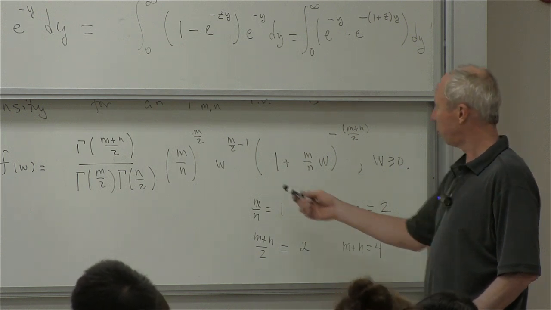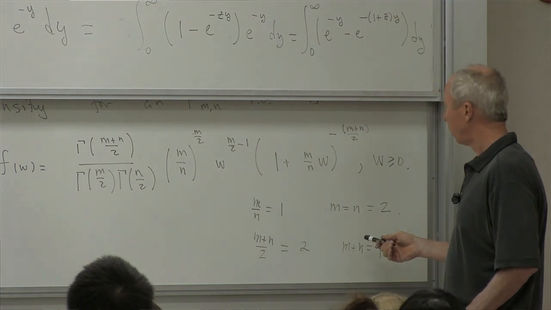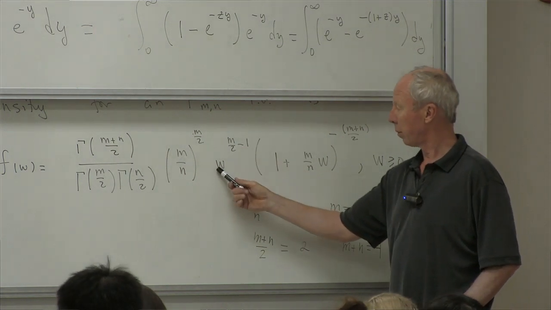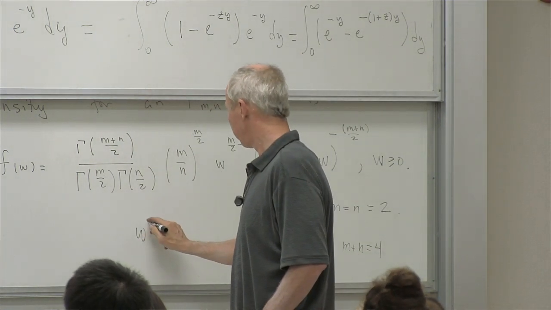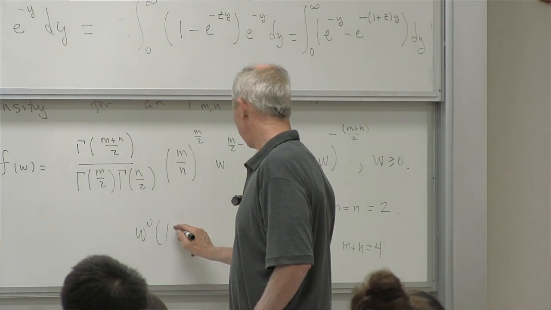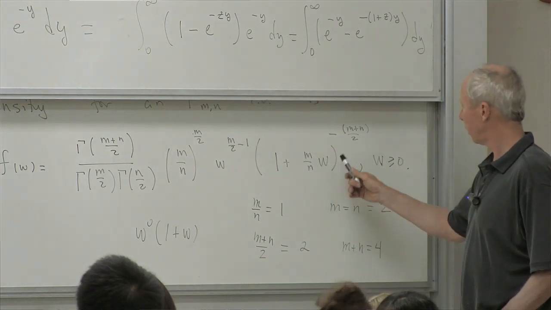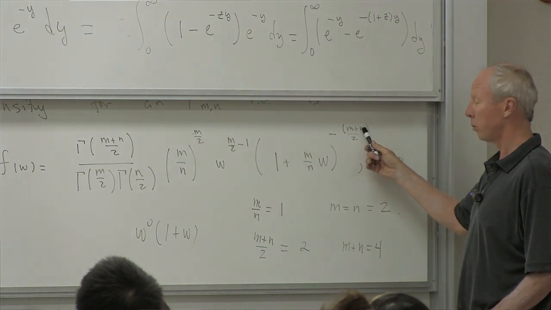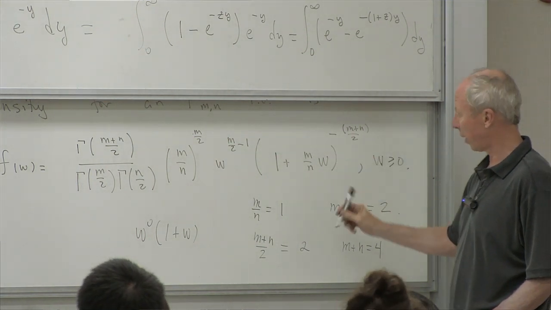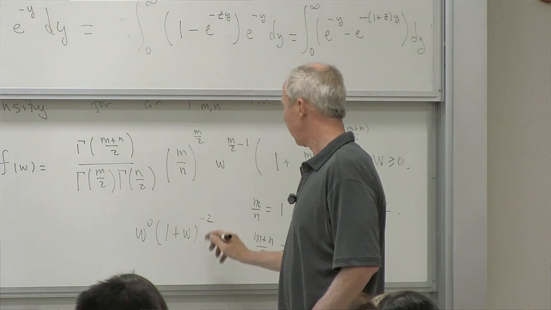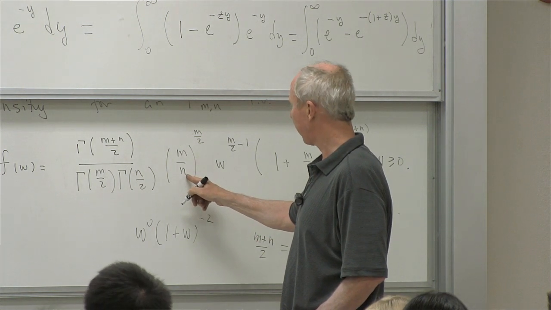So if M is 2, what does this become? We'd get W to the 0. We'd get 1 plus W to what power? M over N would be 1. Here we'd have 2 plus 2 is 4 over 2 is 2, to the minus 2. And here we have 1. So we want to write that.